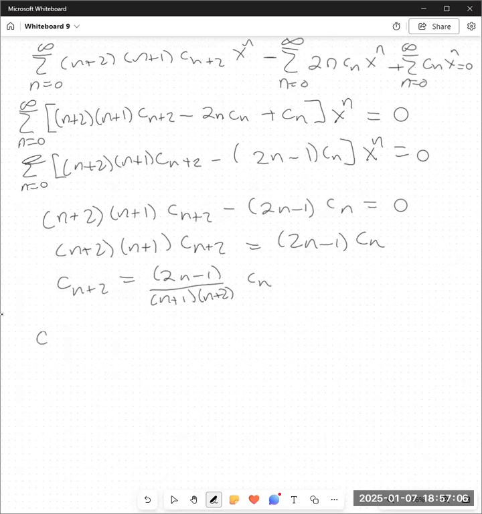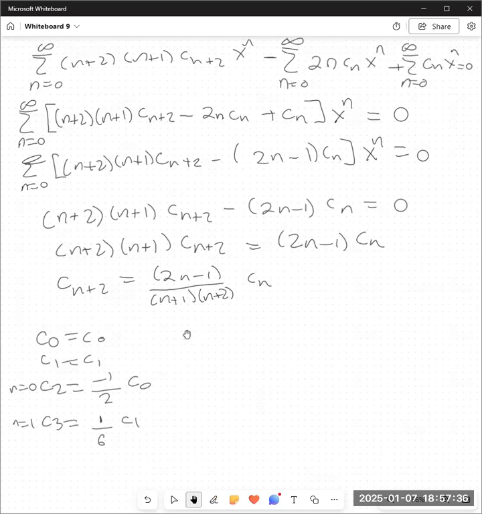So we need C0 and C1 to be defined outside of this formula. C2 is going to be when n equals 0. This is negative 1 over 2 C0. C3 is going to be when n equals 1, is going to be 2 minus 1 is 1, 2 times 3 is 6, C1.